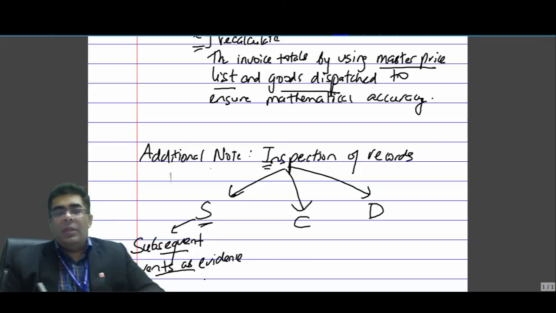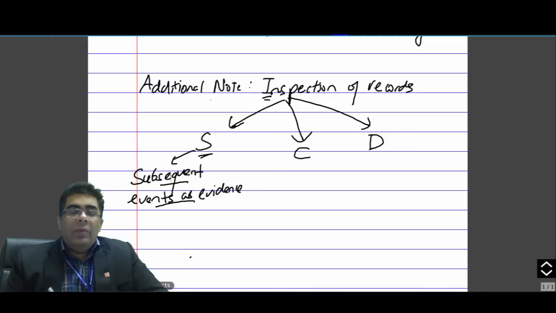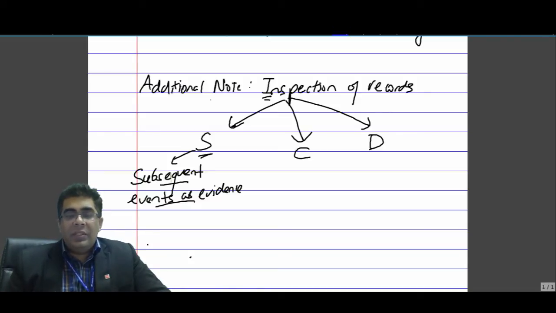Yeah, I give you an example. I want to have assurance that the receivables at the year end are not fake receivables. For example, I want to have an assurance about basically the existence. Yeah, we say existence: do these receivables actually exist, or are they fake receivables?